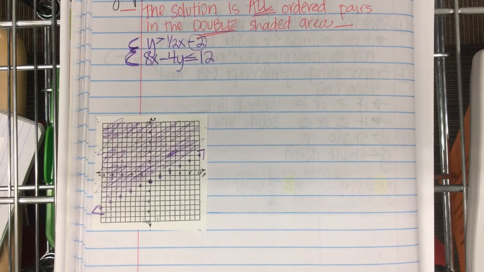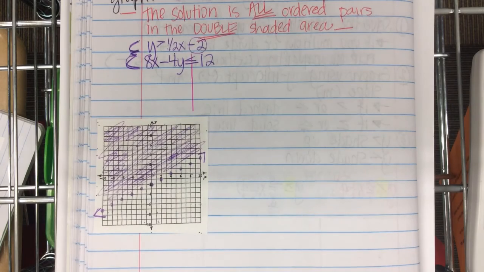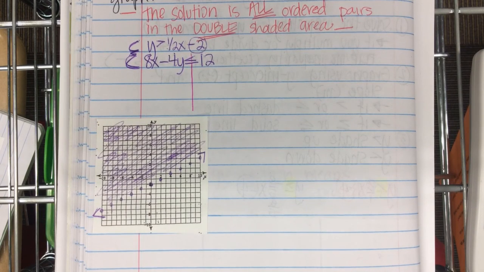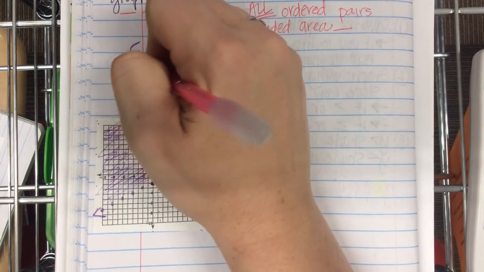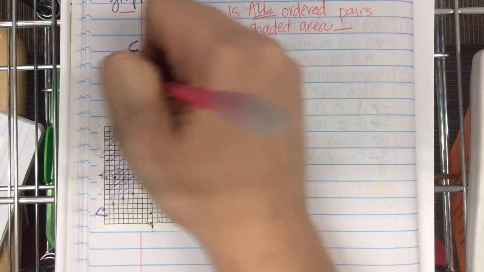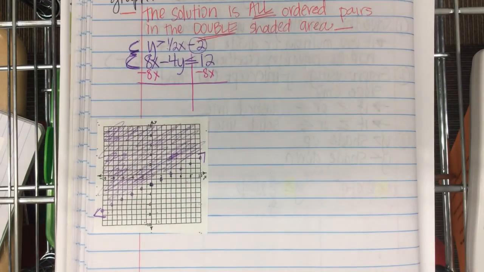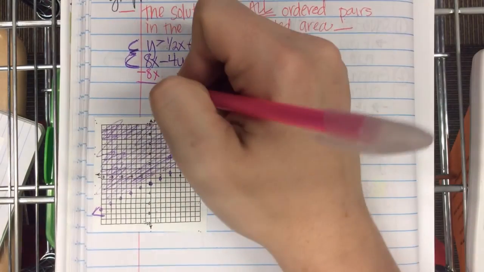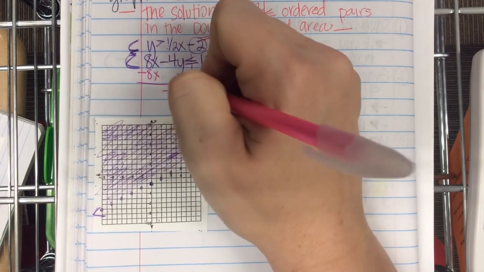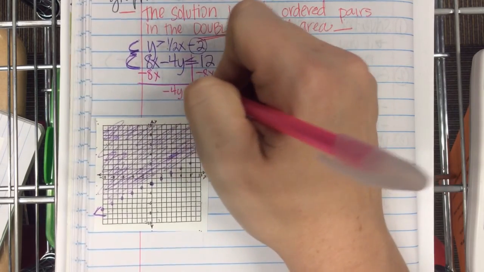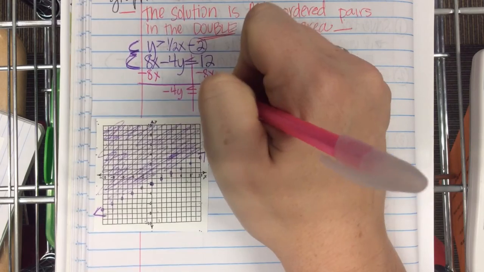So then let's do the next one. If I look at 8x minus 4y is less than or equal to 12, it's not graphable yet. I have to get y alone, so I'm going to subtract 8x from both sides. That leaves me with -4y is less than or equal to -8x plus 12, correct?